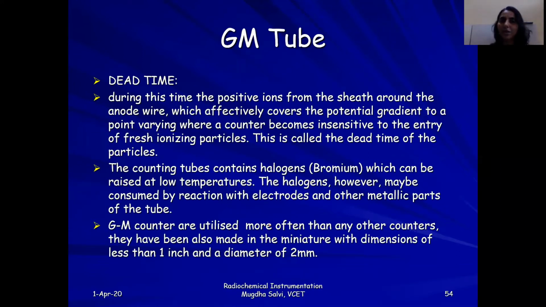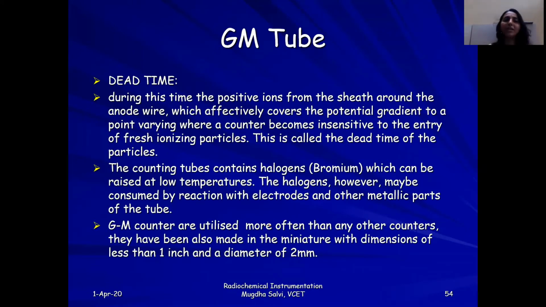If that occurs, automatically there will be recombination of ions, and then we can use the GM counter freshly. That is what is mentioned here. During this dead time, the positive ions from the sheath around the anode wire effectively lower the potential gradient to a point where the counter becomes insensitive to the entry of fresh ionizing particles. This is called the dead time. That means any particle entering will not be able to produce any output pulses.